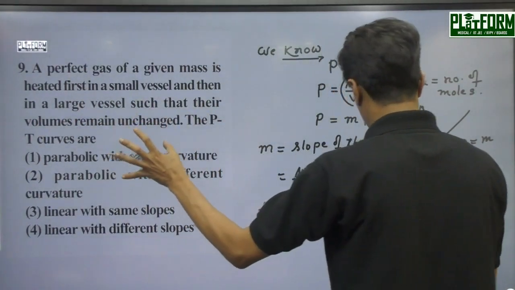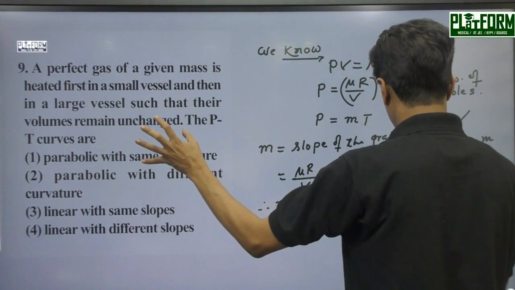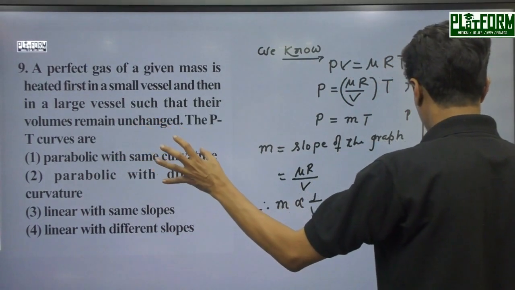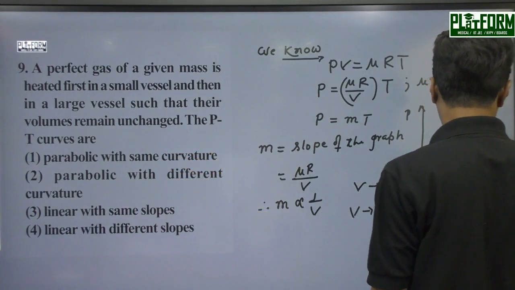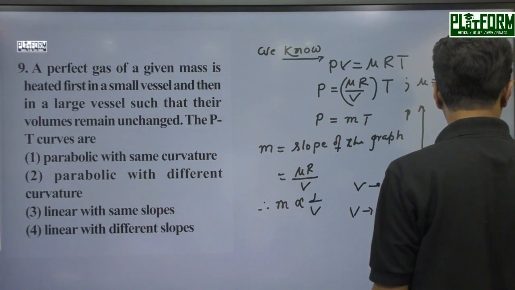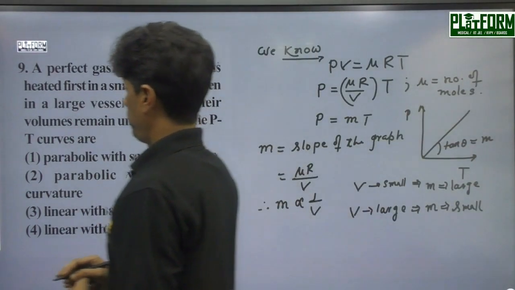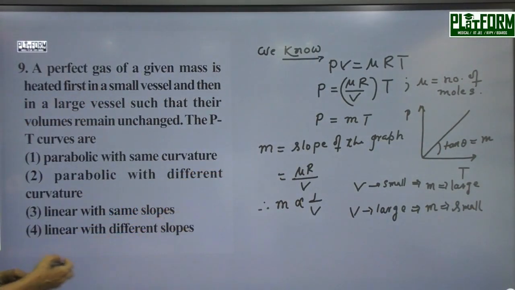And for a large vessel, V large, and the slope of the graph is small. So parabolic with same curvature, this is not the right option. Parabolic with different curvature is also not correct. Linear with same slope, no. So the right option here is linear with different slopes.